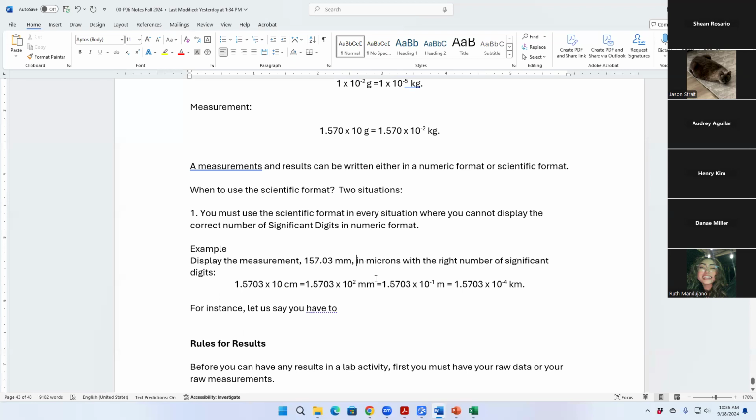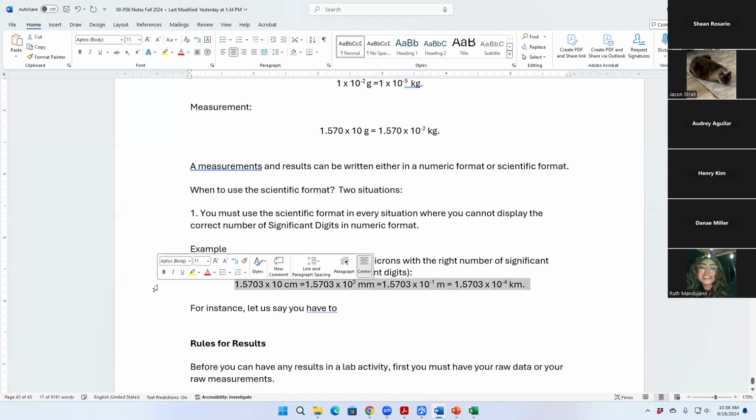Okay? With the right number of significant digits. You must have, in this case, 5 significant digits, right?